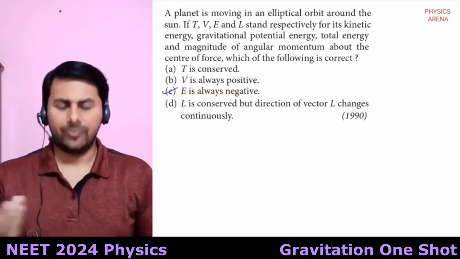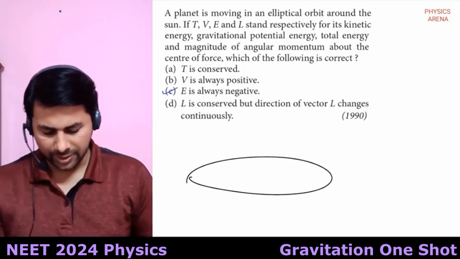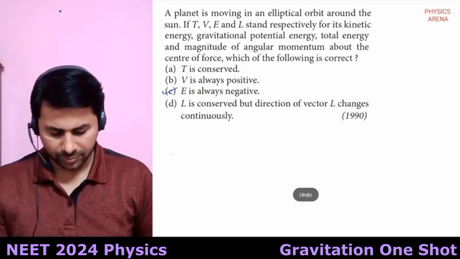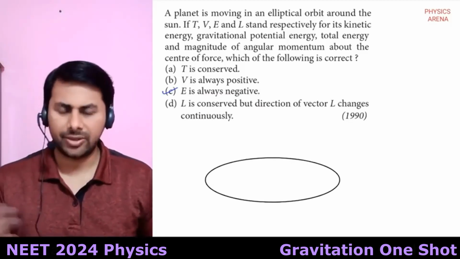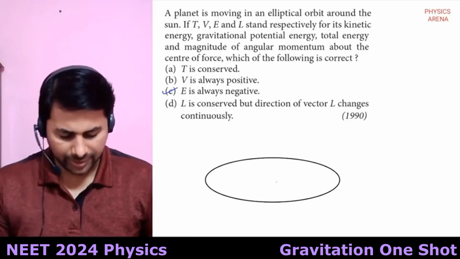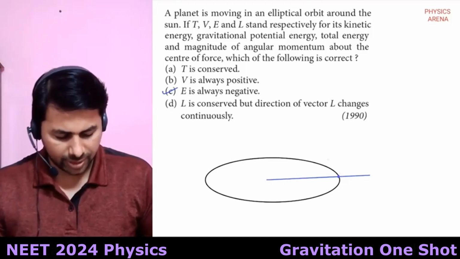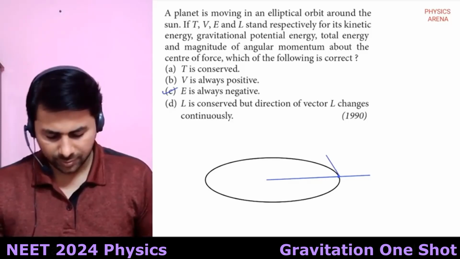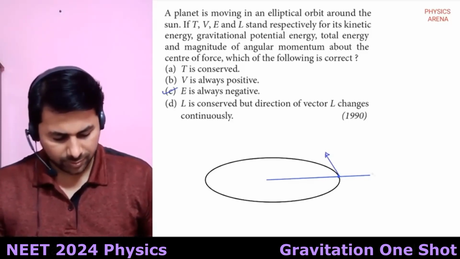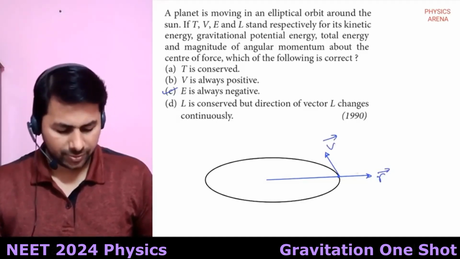L is conserved. See, for an example, suppose a planet is moving in an ellipse. Now, L is conserved in magnitude. And if you find its direction, suppose this is R, this is velocity V. Now you move to any position.